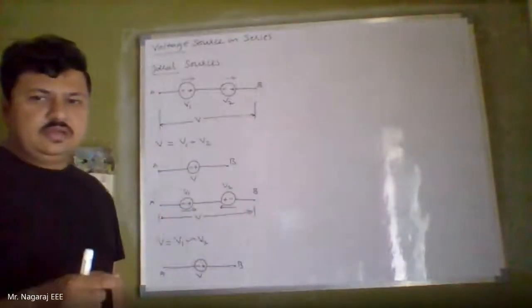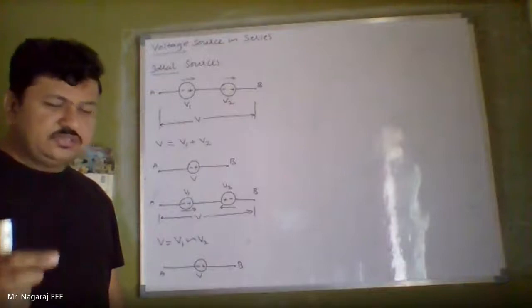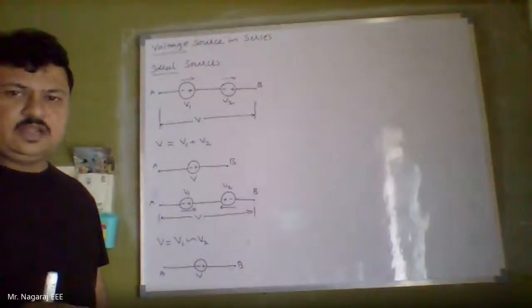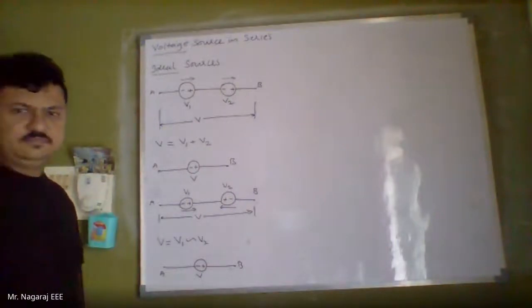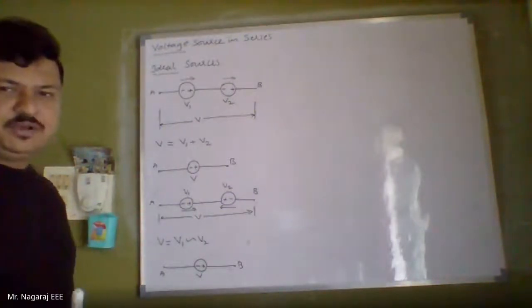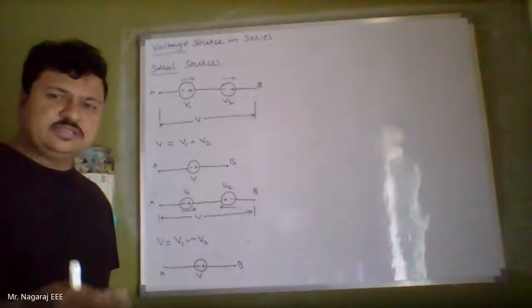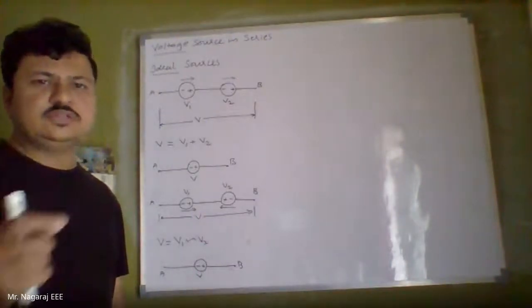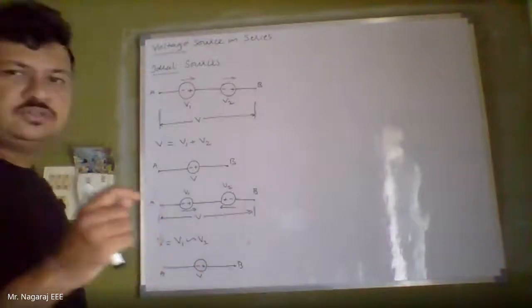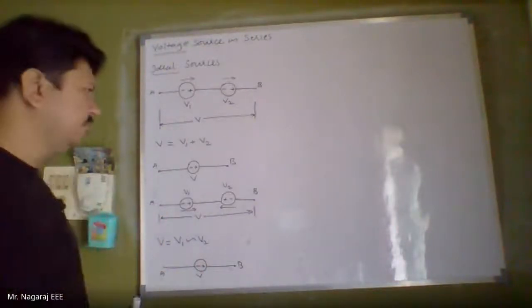If we analyze the circuit using wrong polarities, then we will end up in getting wrong results. So assigning the polarities in the circuit during the analysis is of utmost importance. That we need to take care all the time.